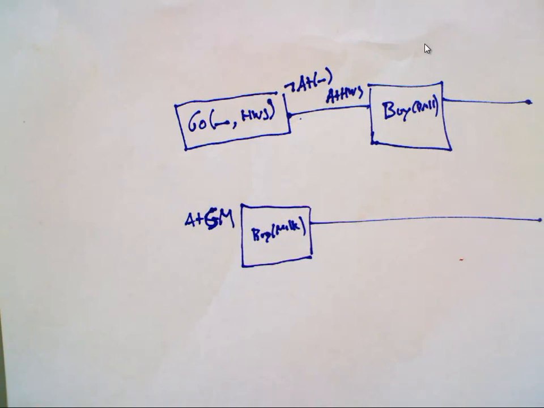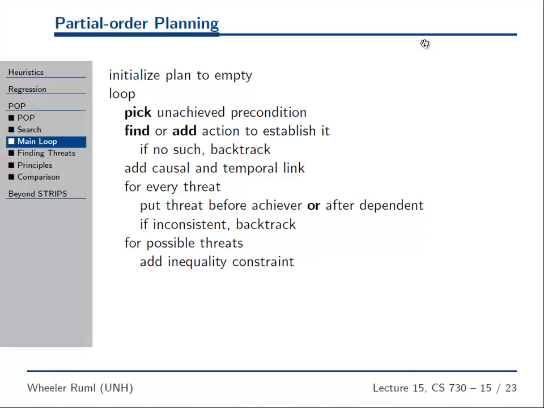So partial order planning can't recognize that this is a threat for certain. What we can say, though, is that if we're going to leave this hanging here, then this had better not be instantiated with supermarket. So that's called an inequality constraint. It's a possible threat, and you'd add an inequality constraint.